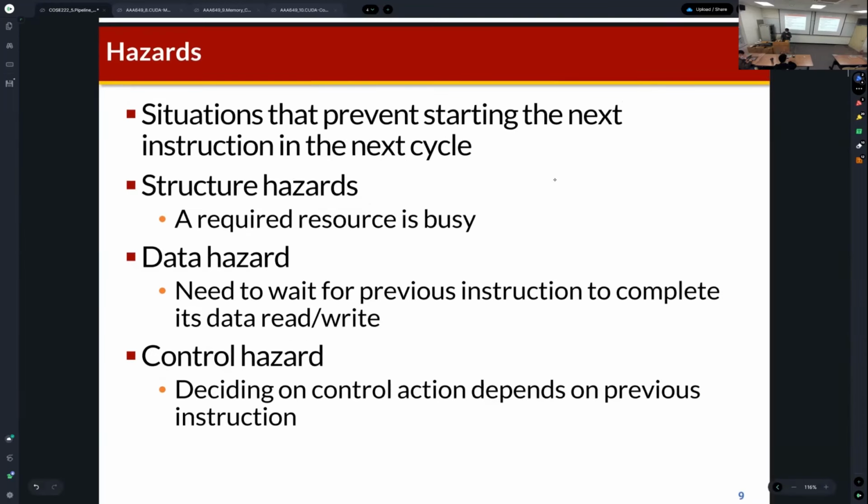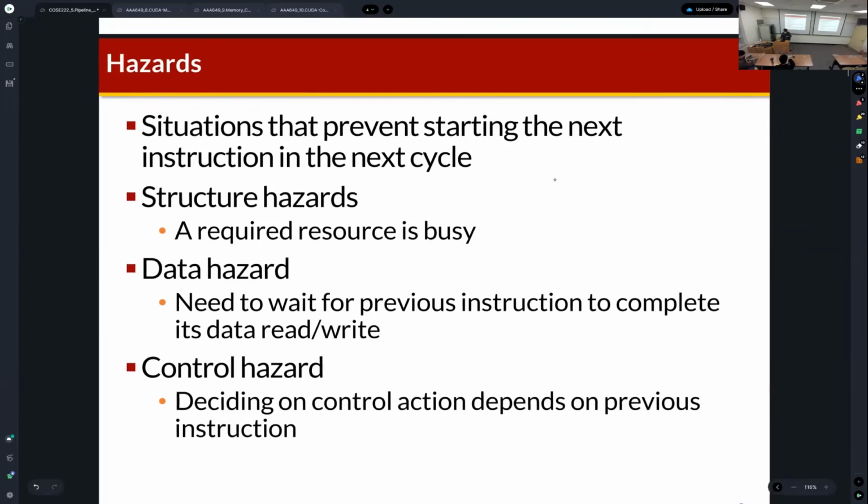But when I mentioned this pipeline idea, I said that it is a very good idea because we can improve the performance. When I mentioned the execution time of the pipeline architecture, IC multiplied by CPI, multiplied by TC, I said the instruction count is determined only by software, so it's the same.